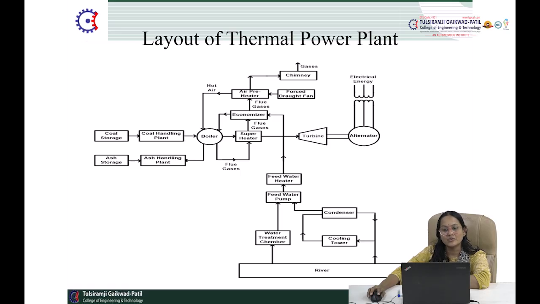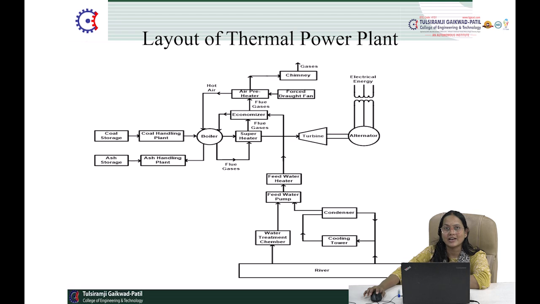But before feeding it to the turbine, why do we pass this steam into the superheater? Because this steam carries water droplets, that is moisture, so definitely we will remove it.